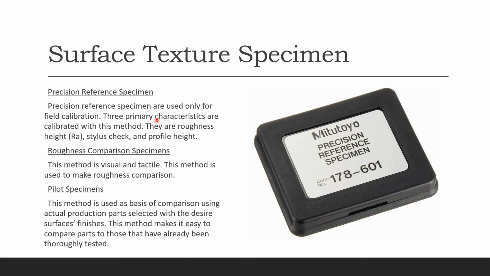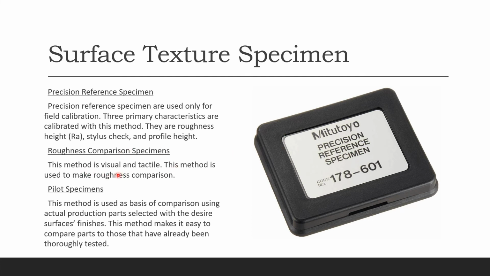Three primary characteristics are calibrated with this method: your roughness height, your stylus checking on your instrument, and your profile height. Profile is again the deviations of your surface. So you want to check your surface height, which is your profile height.